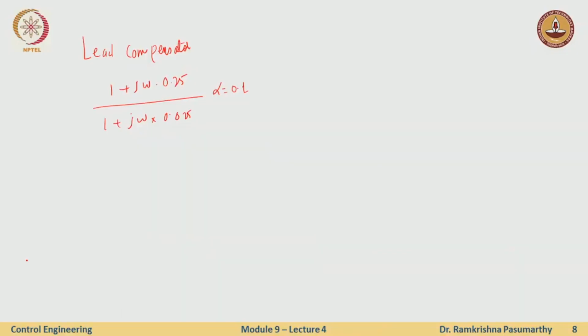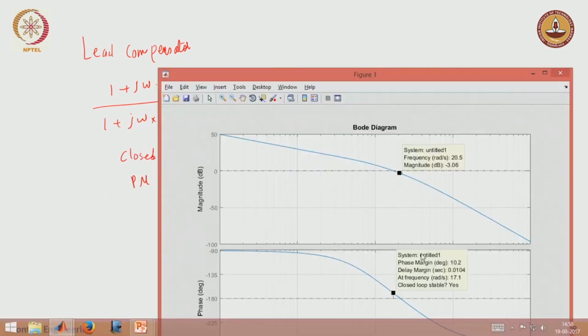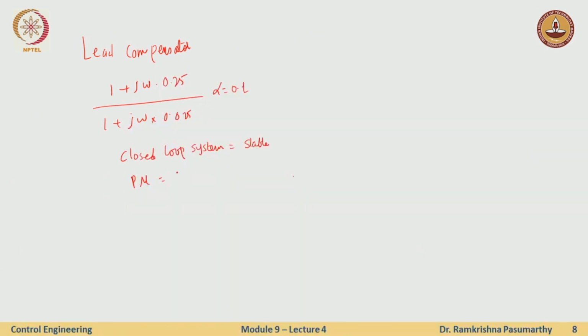Okay, so just by using a lead compensator, what I achieve is that the closed loop system is stable. Now what is the phase margin? The phase margin was about 10 degrees and the bandwidth was fairly large, 20 radians per second.